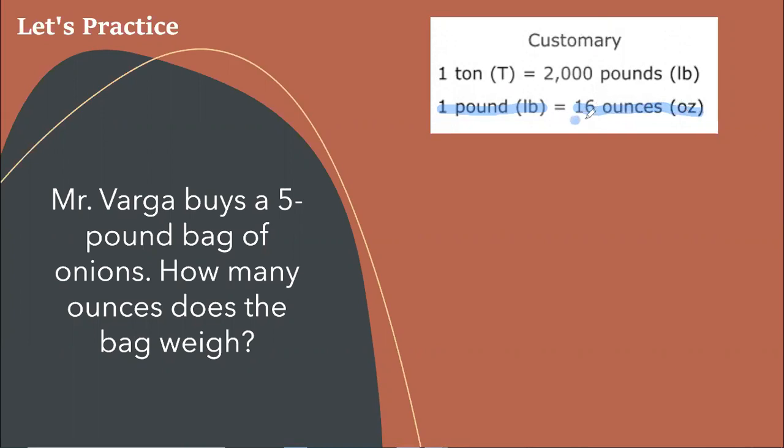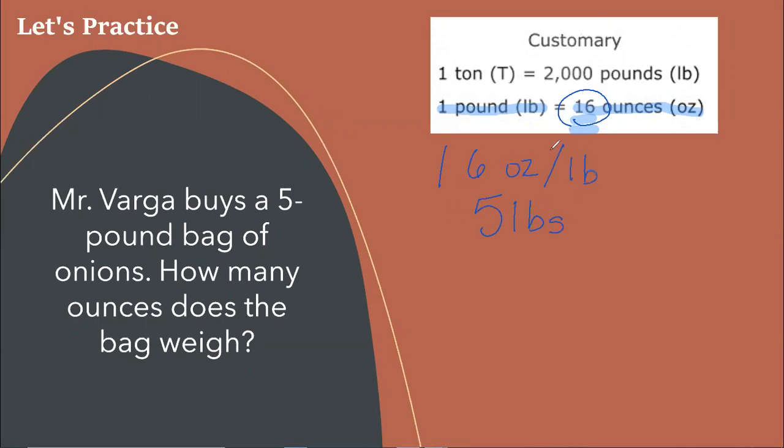So I know that I'm going to use the conversion number of 16 in order to solve this problem. So Mr. Varga bought a bag that contained 5 pounds. I can tell from my conversion chart that there are 16 ounces in every pound.